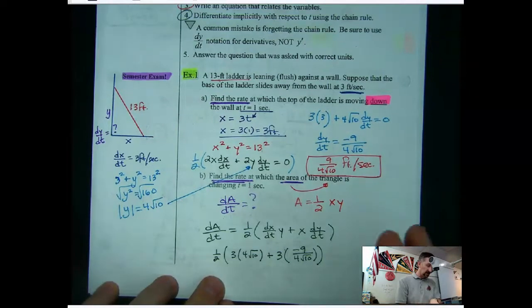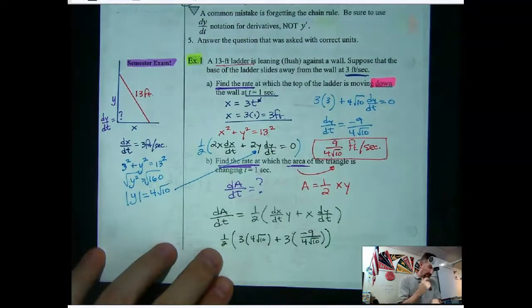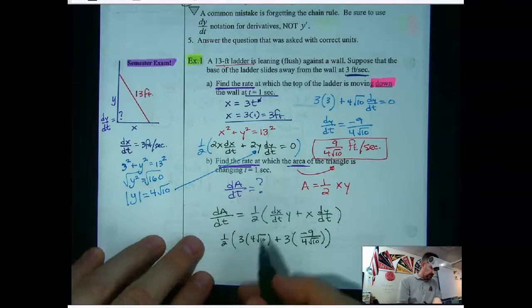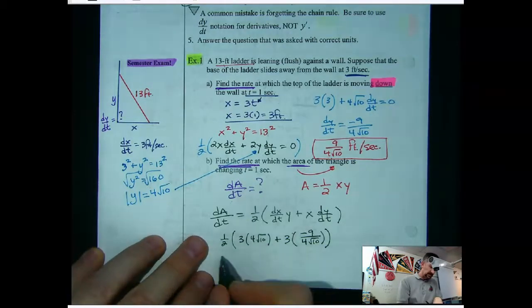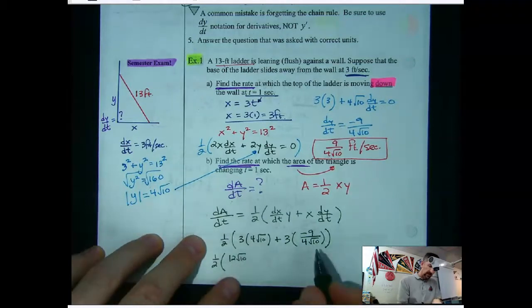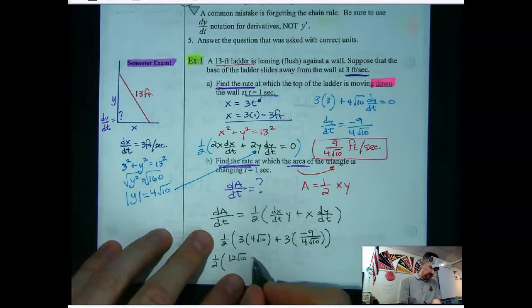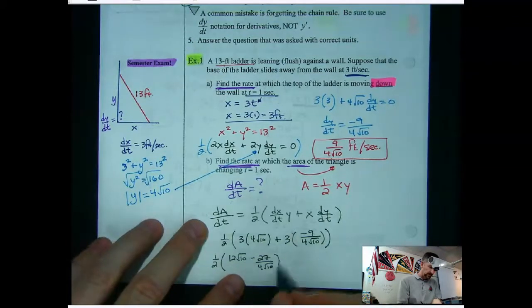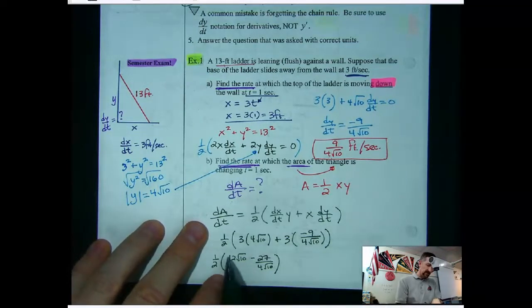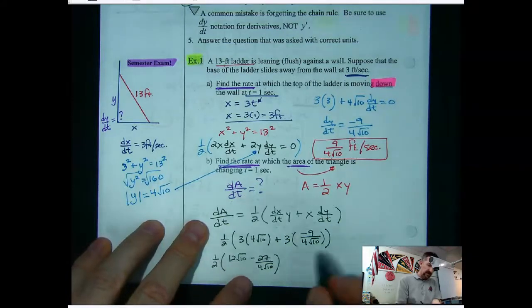Okay? Now, this is going to be, let's see, that's 12. So, I guess I could leave that out there. 12 root 10. Let's see what happens. So that's 12 root 10. And over here, this is negative 27 over 4 root 10. So if we get a common denominator here and multiply this by 4 root 10 over 4 root 10, that would be 48 times 10, which would be 480.